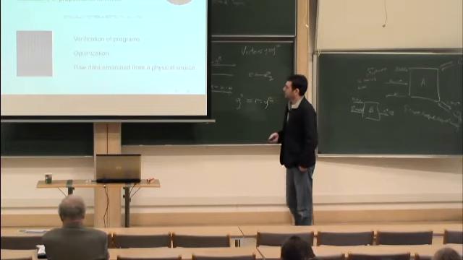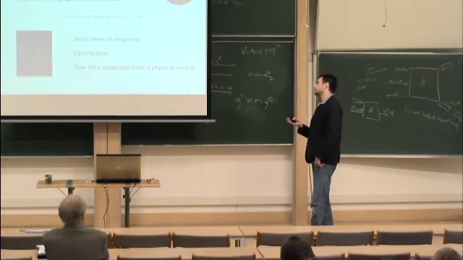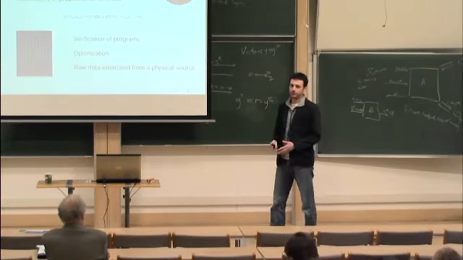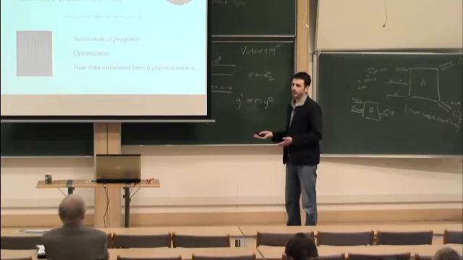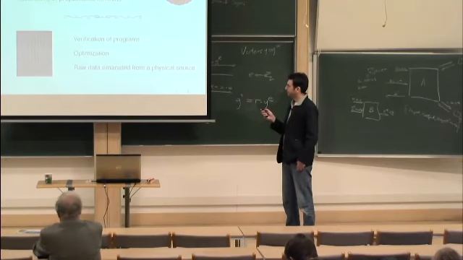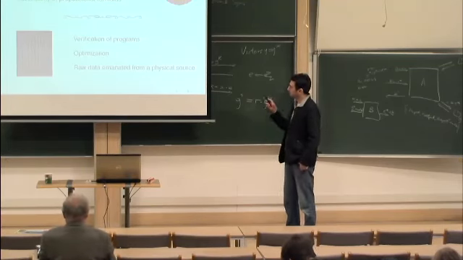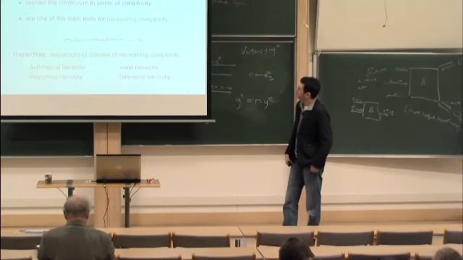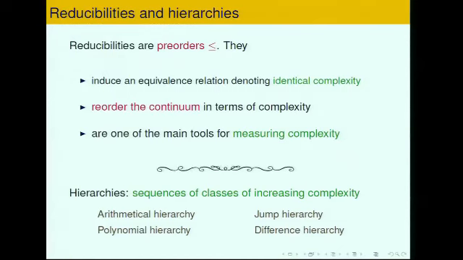Okay, so the problems we really care about, there are very few. The reals are too many. But I'm going to be focusing on the general theory of reducibilities on the reals. So reducibility is a pre-order. So it's a relation which is transitive and reflexive. And there is a reason for that.